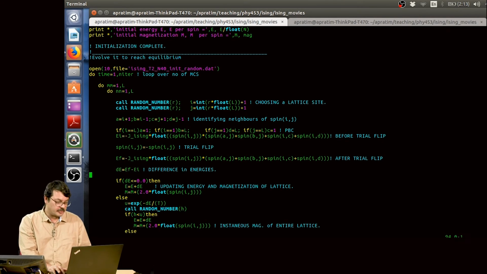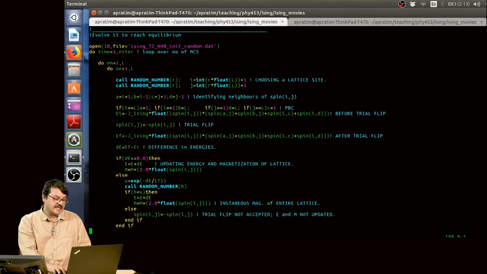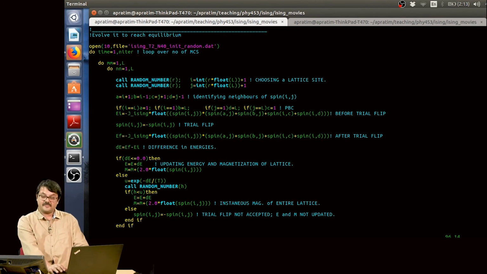Now, as per the Metropolis algorithm, as we discussed, if dE, this change in energy due to the trial flip, is less than 0, if energy decreases, then the trial spin flip is accepted with probability 1. So, here I have already done the trial spin flip. If dE is less than 0, the change in energy is negative, then you update the total energy of the system.